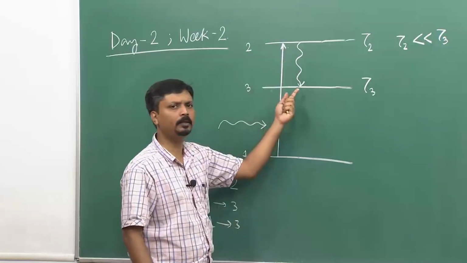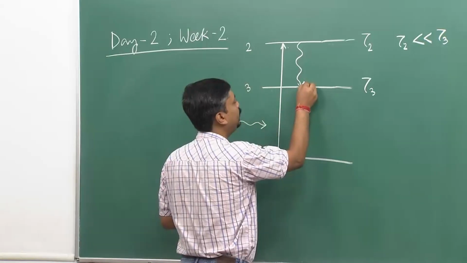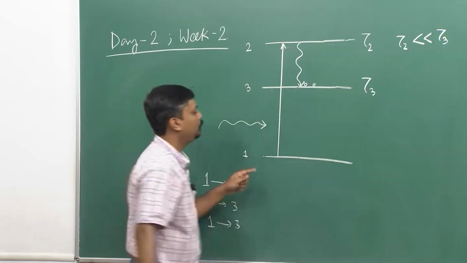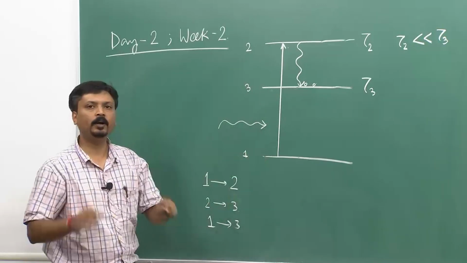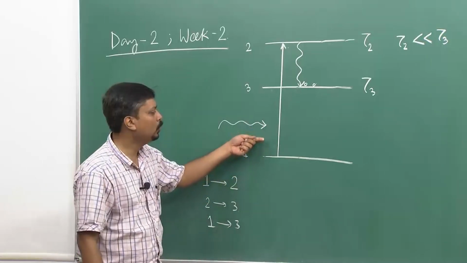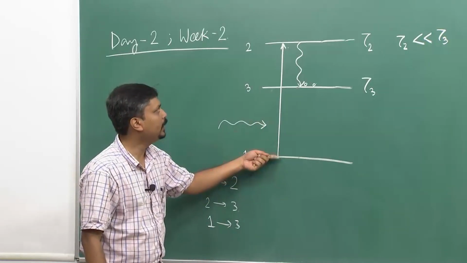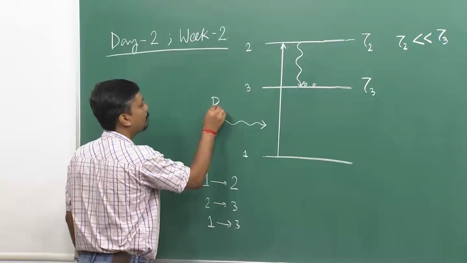Now, this non-radiative decay will put atoms here. This first process, this absorption, is where we are providing an external stimulus in the form of photons to take the system from here to here, and this is known as pumping.